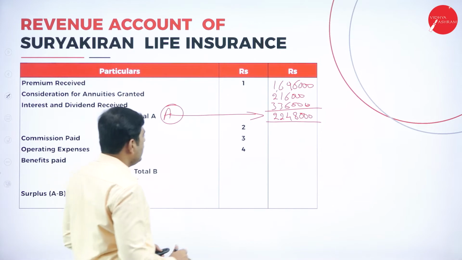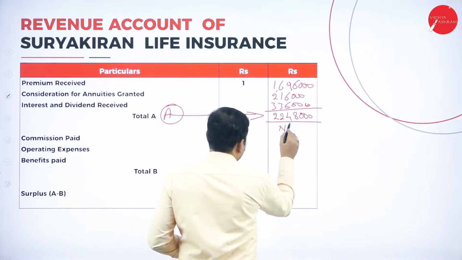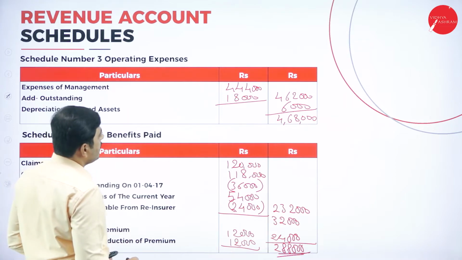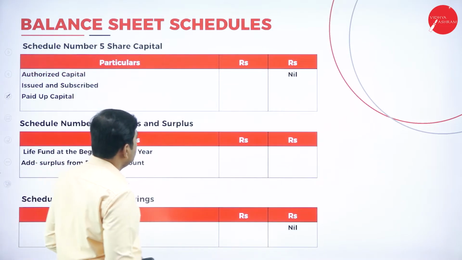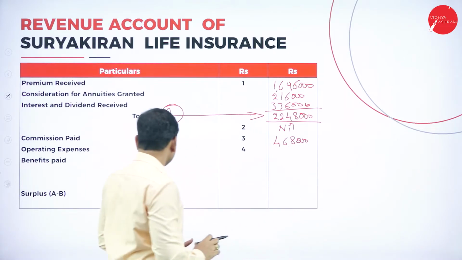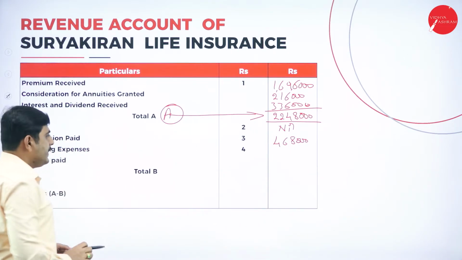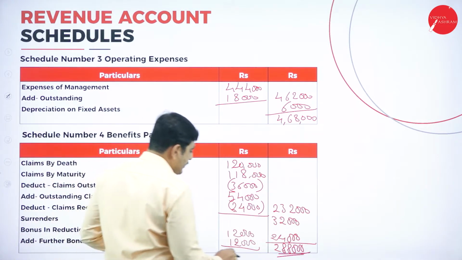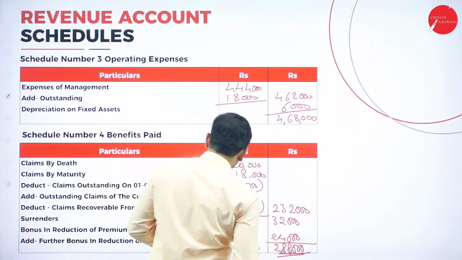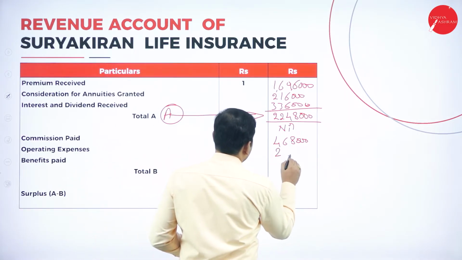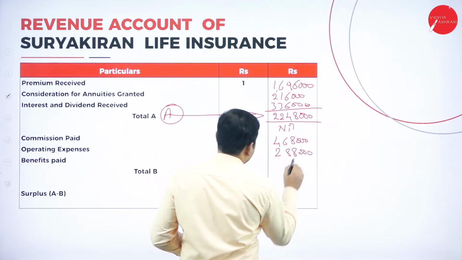Commission paid is nil. Next one, operating expenses. We are having operating expenses of 4,68,000. Next one, benefits paid. We are having benefits paid of 2,88,000.